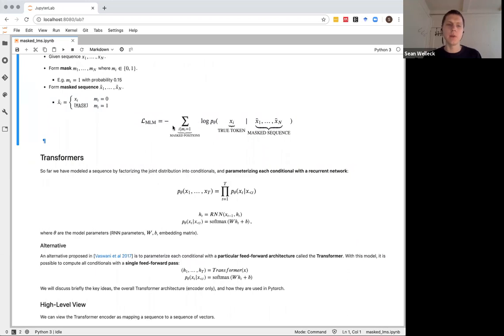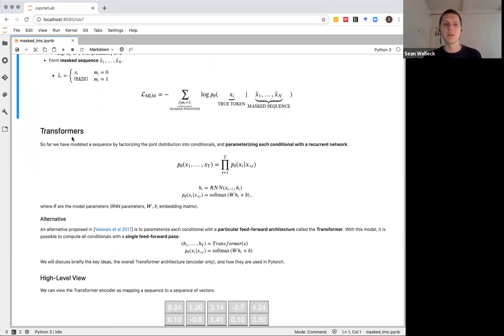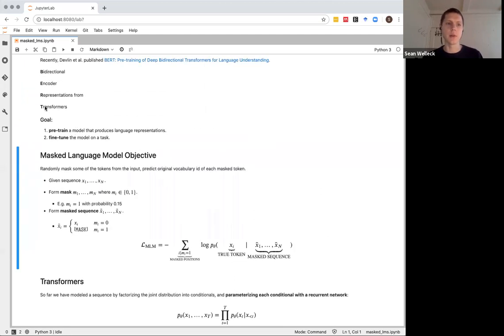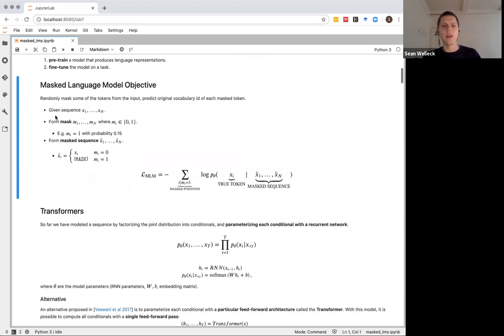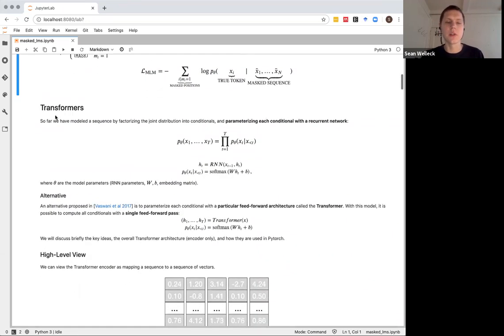I thought maybe we would just mention it up front, but now we're going to actually go into a review of the transformers, because part of BERT, if you remember, is that we're using this transformer architecture. Okay, so transformers, we've seen a couple times over the previous day.